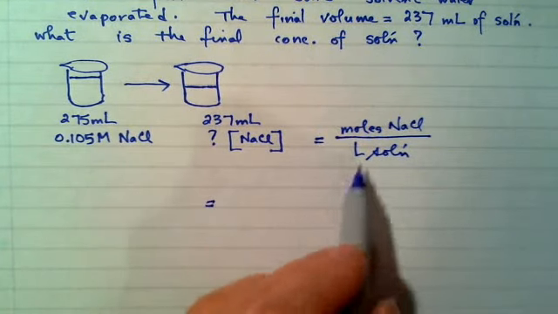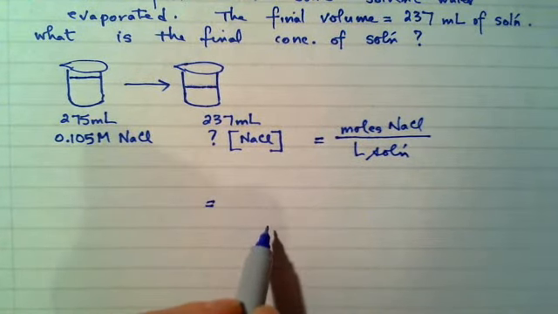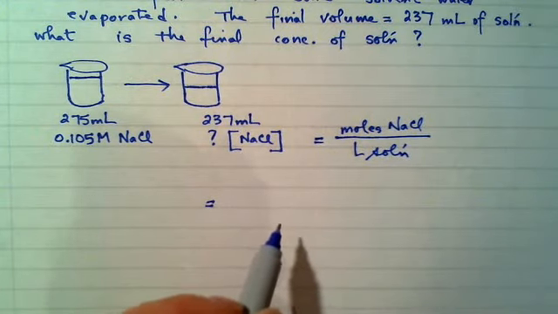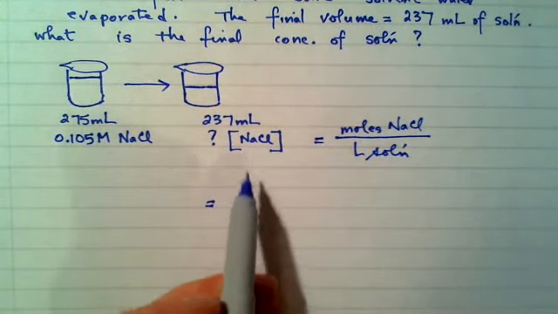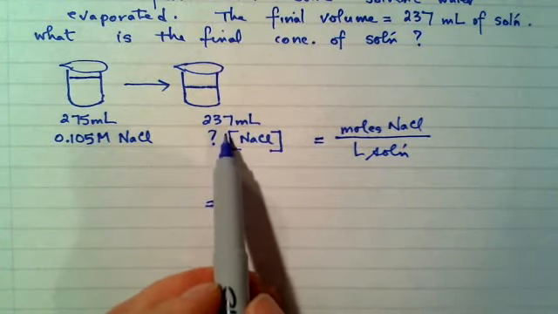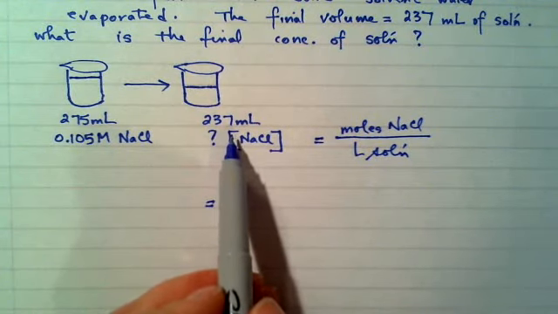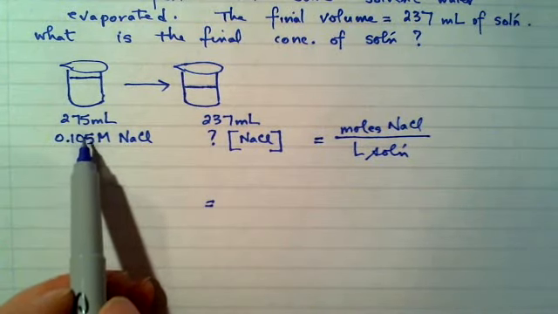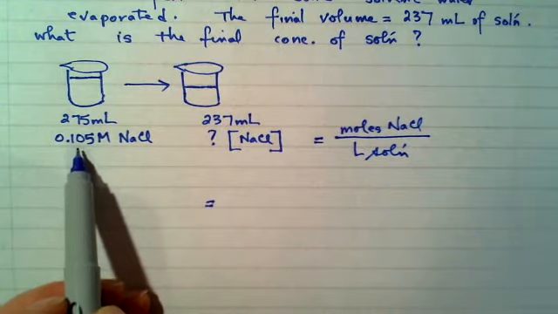And what's my number of moles? How do I figure that out? Well, I have 237 milliliters left, and I had 275 to begin with.